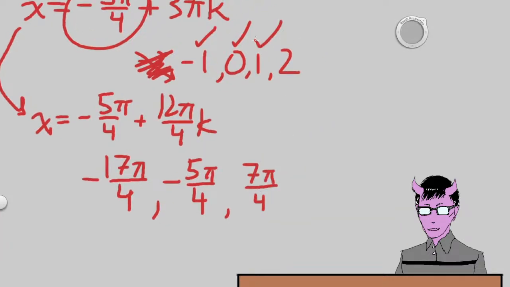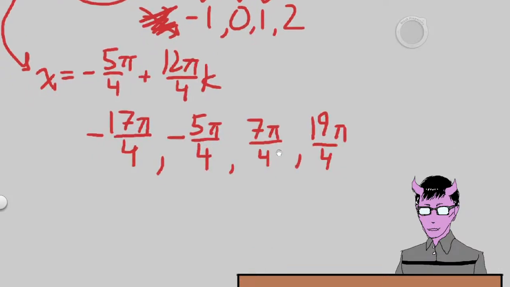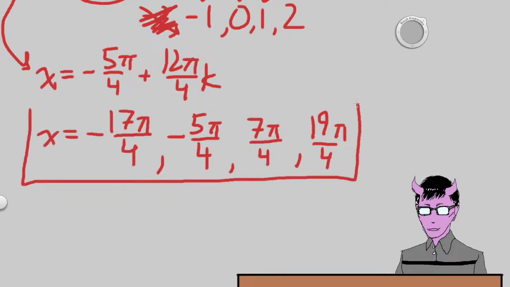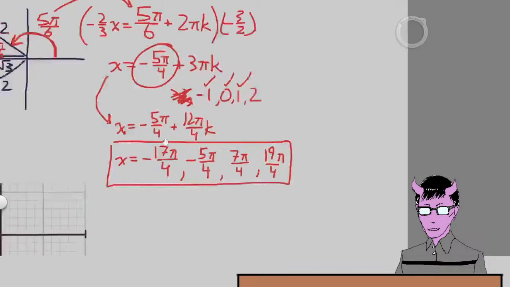So consider that coterminal angle is done, and then now plug in a 2 into the k, which gives us 24 minus 5 is 19. So 19 pi over 4. So these 4 answers should be within our domain restriction. We'll double check that out. Let's check it out right now.